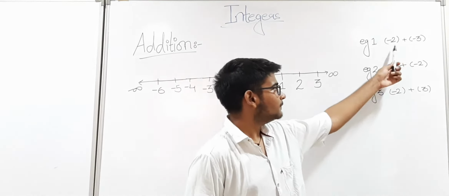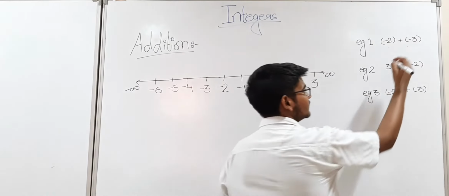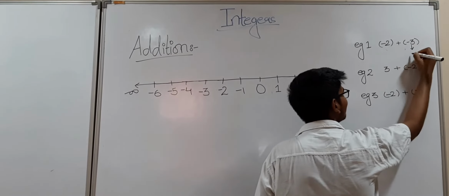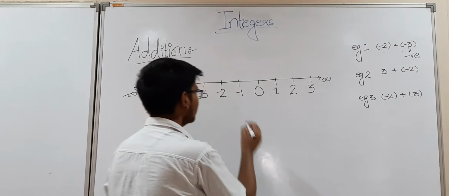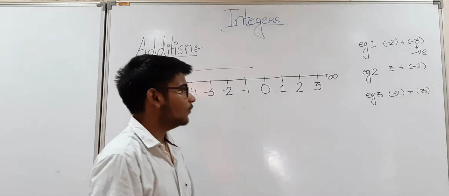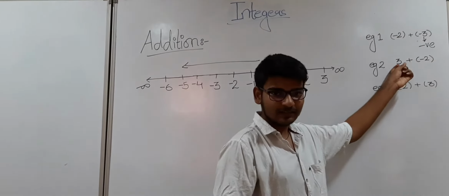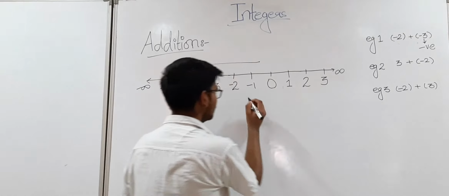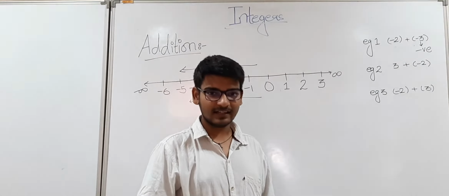So when minus 3 is added to minus 2, that is, the second number is a negative integer, we move towards the left hand side or the negative integer side. When a negative integer is added to a positive integer, then also we will move towards the negative integers because the second number is negative.